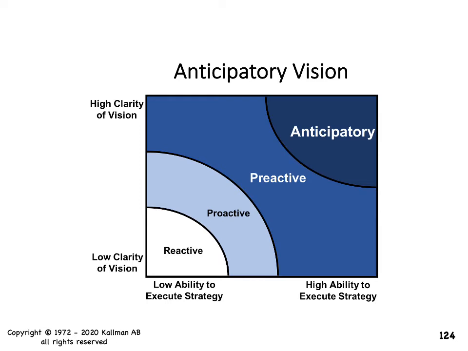And so on the left we have high clarity of vision, low clarity of vision, low ability to execute strategy versus high ability to execute strategy. And as organizations are being disrupted, as they are watching what competitors are doing, and then they're saying, oh, we need to be agile so that we can react to the changes that just happened in the marketplace.